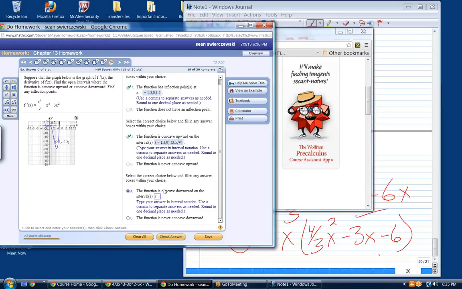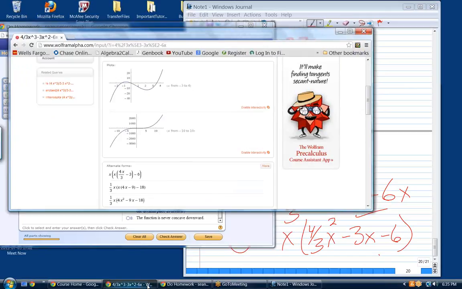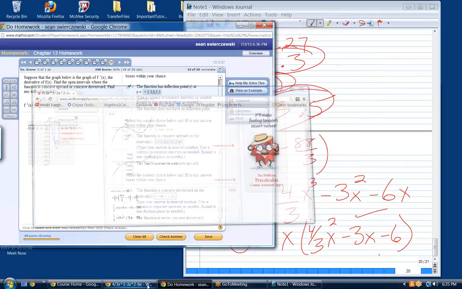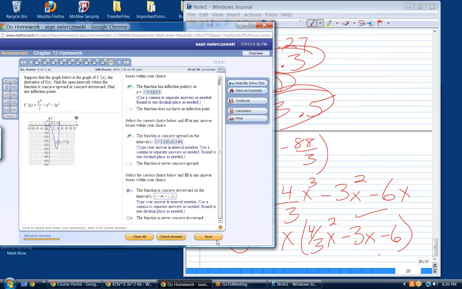Negative infinity, comma, negative 1.3, comma, what was the rest of it? 0 to 3.5. Yeah. Whoops, that doesn't look like a 0. Okay.